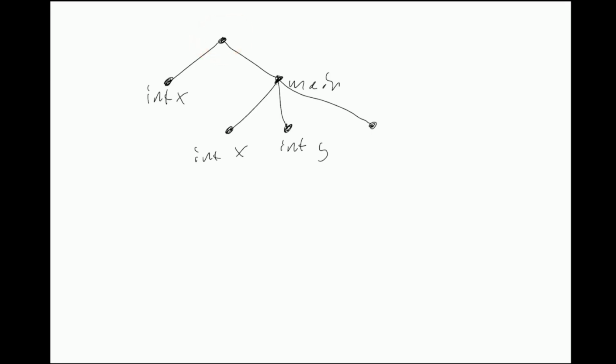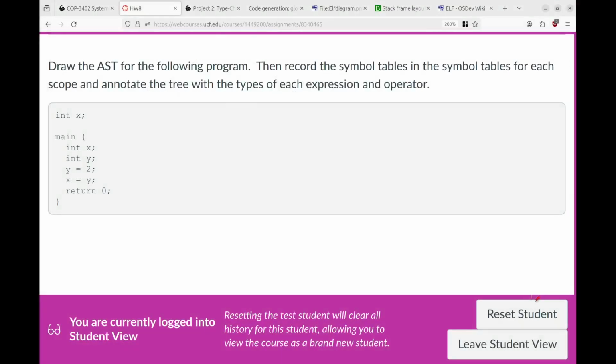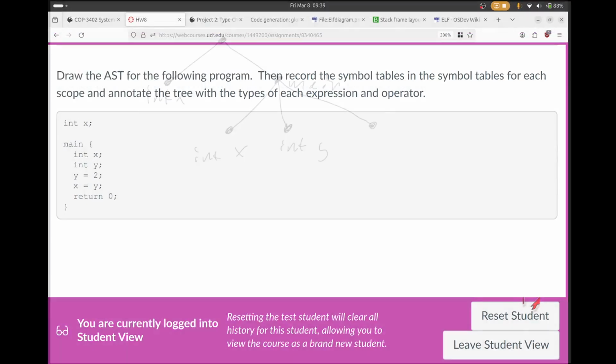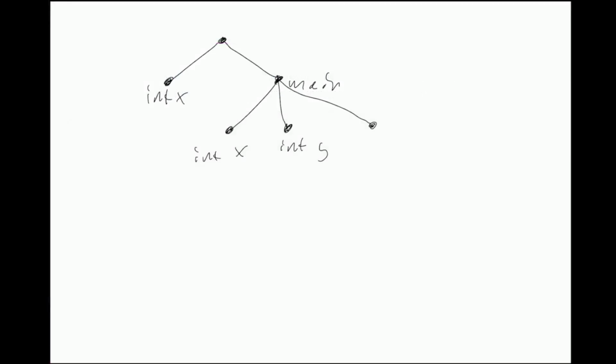At the top, we have our program. Our program has an external list of declarations, so we have int x, followed by main. And underneath main, we have two declarations, int x and int y, followed by two assignment statements, y equals 2, x equals y, and then the mandatory return at the end of main.